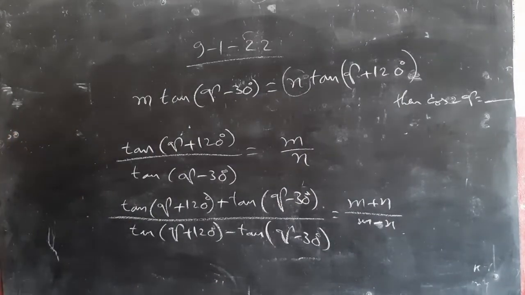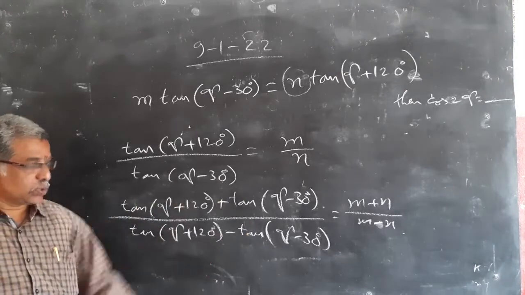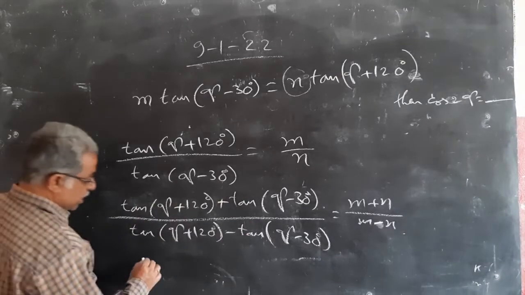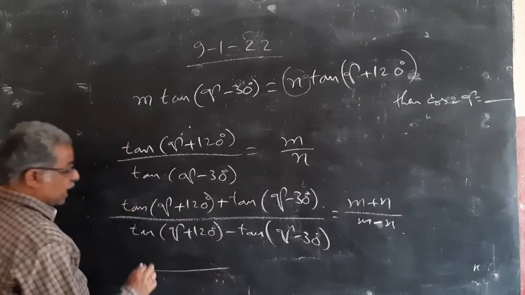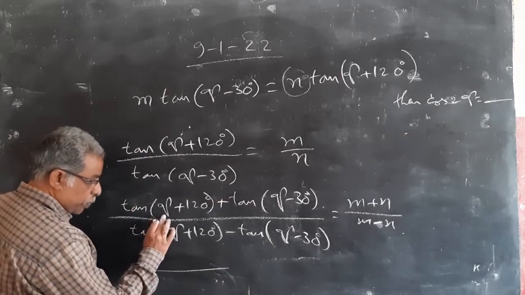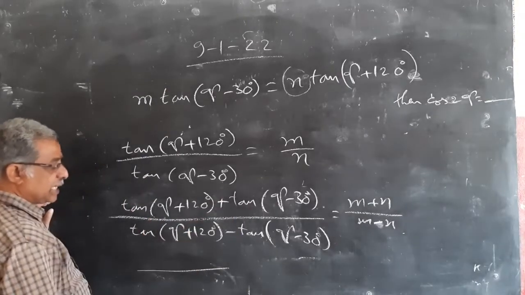Now I can convert this to sin by cos. This is also sin by cos. So same as previously, you will get cos of q plus 120 times cos of q minus 30 as the LCM.